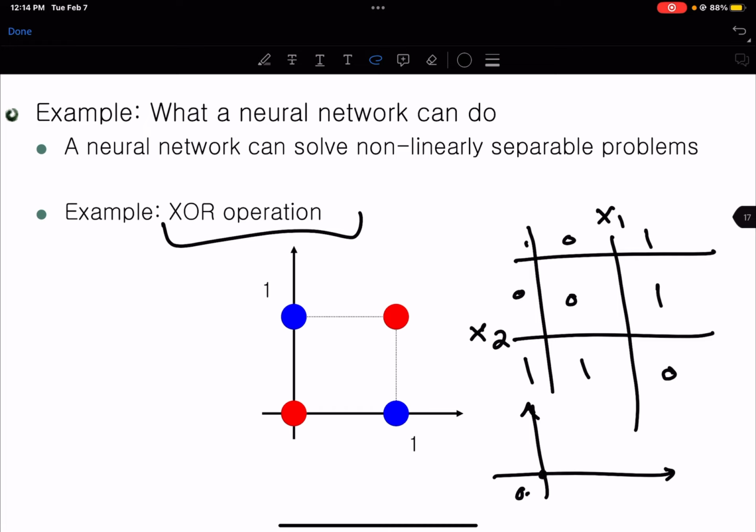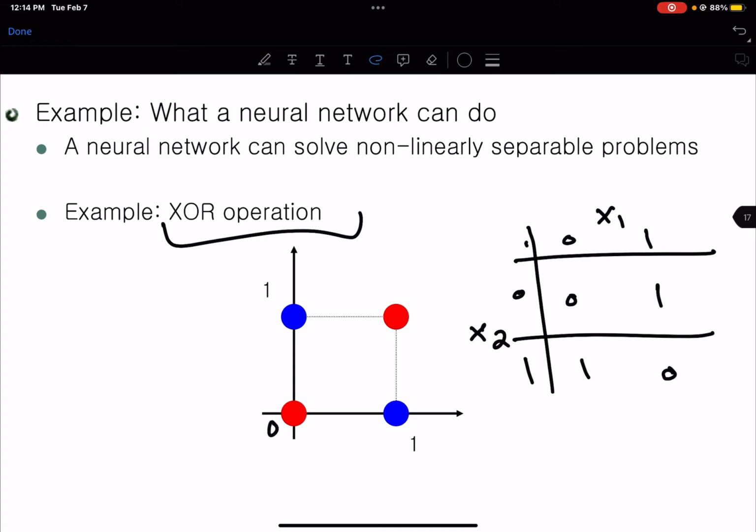At point 0, 0, then you have 1. So here it is 0, here it is 0, this point it is 1, and at this point it is 1. Let us draw it. That is represented over here.